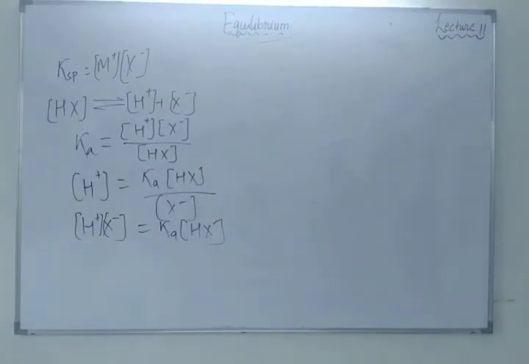Now you are going to take the inverse on both sides. Inverse on both sides means you are just going to reverse it. Reverse it means HX upon X minus, and H plus upon Ka. HX upon X minus.